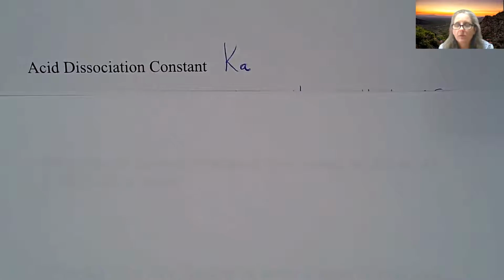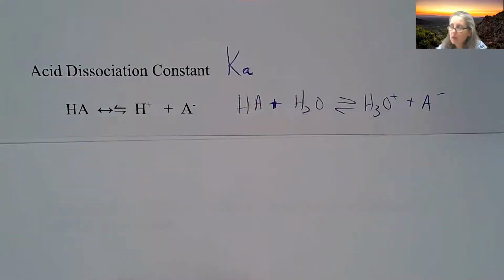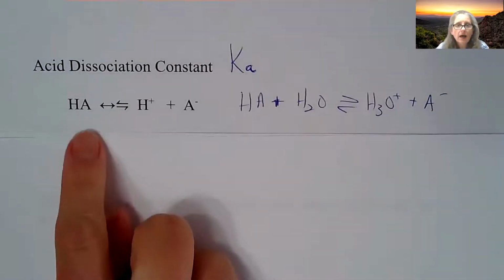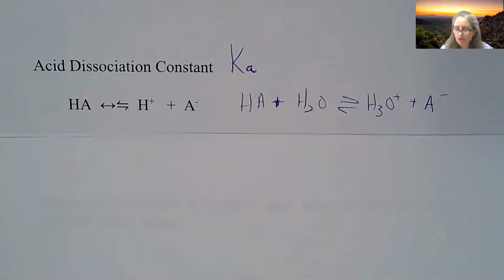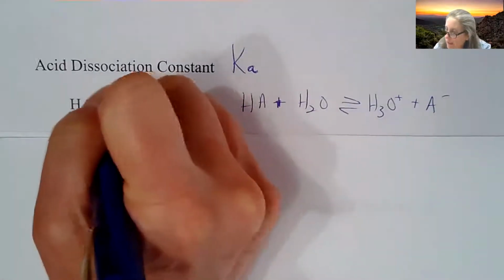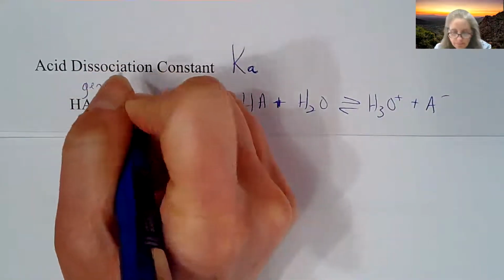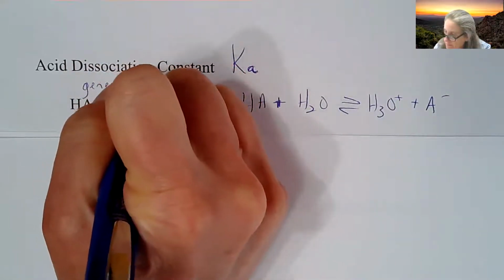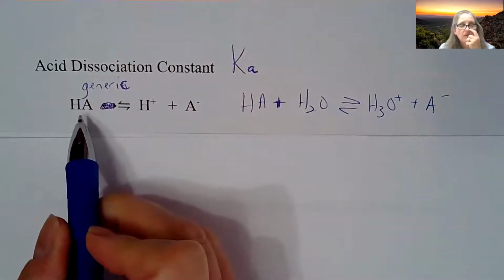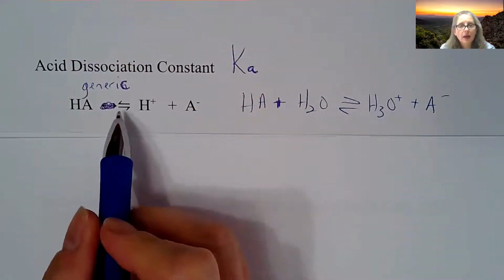I introduced it before when we did Ks back in equilibrium. So we have what we call weak acids, like HA. This is a generic way of describing a weak acid. So HA is going to be the symbol that you see.